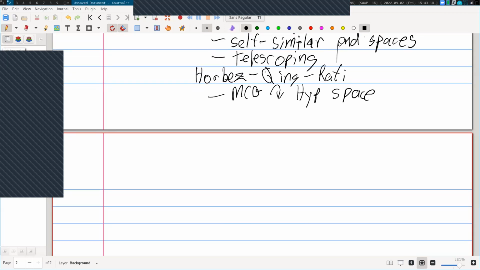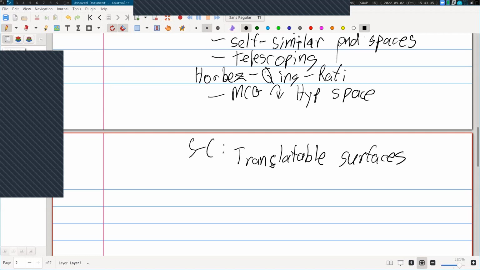And periodic homeomorphisms, doubly pointed. I'll toot my own horn for a second, right? I wrote a thing about what I call translatable surfaces. These are basically surfaces that have a nice action on a kind of curve graph. Again, okay, but is that most of them? Is that none of them?